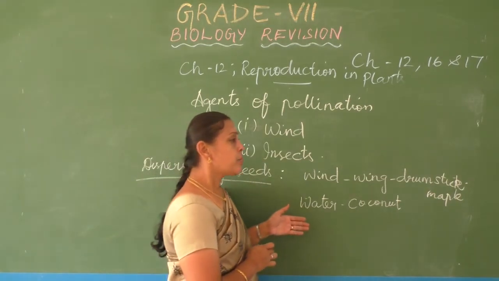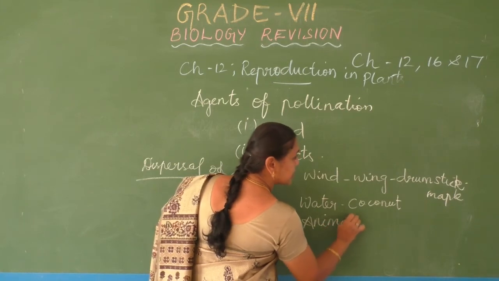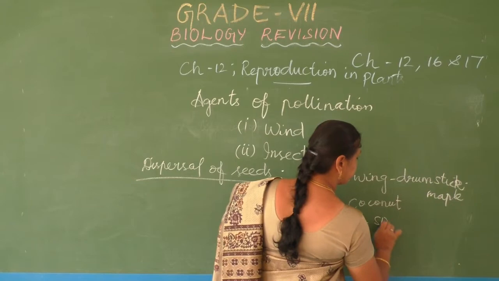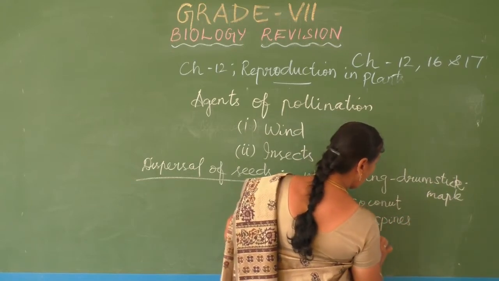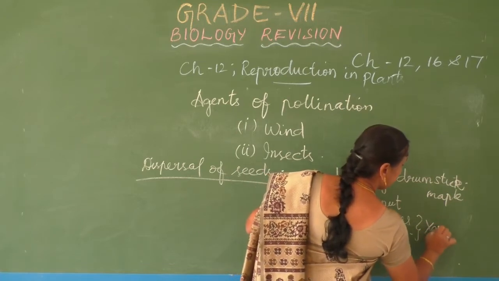Next one, through animals. Some seeds will have spines or hook-like structures. Example, xanthium.